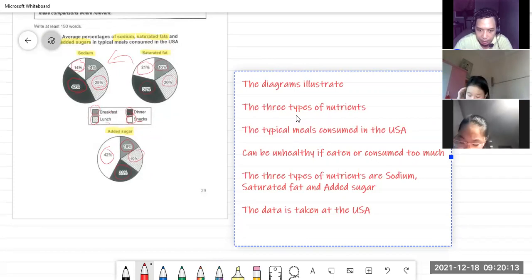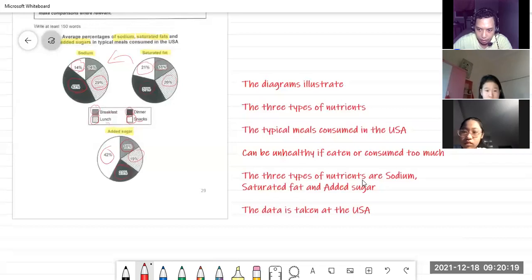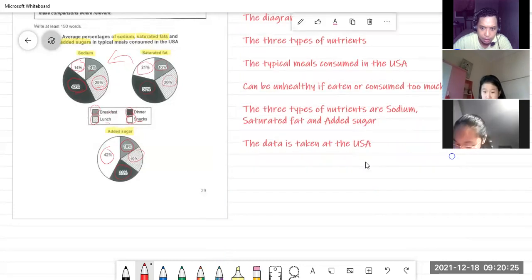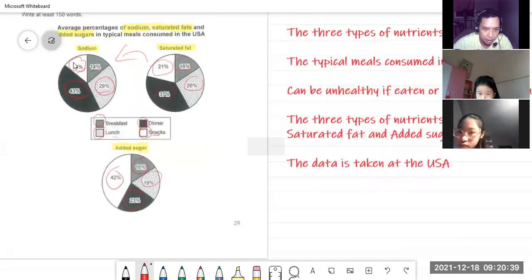Do you understand the meaning of general information? Yes. Okay, so this is the general information. Now we need to make the points for the specific diagrams or charts. Okay, let's pay attention to the sodium.